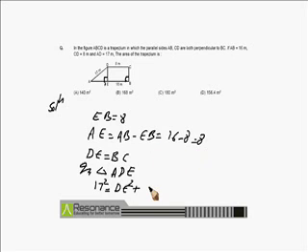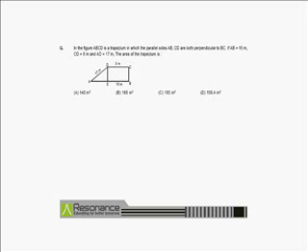AE square is 8 square. That is, 17 square is 289, is equal to DE square plus 8 square, that is 64.